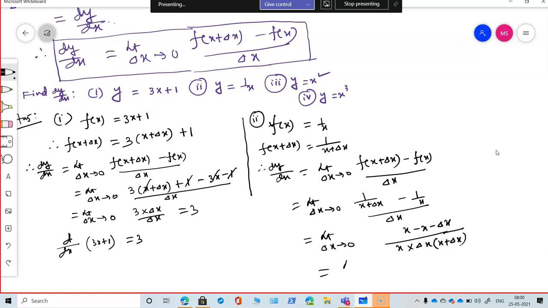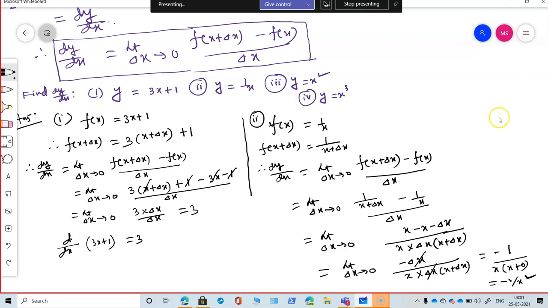So this thing is going to be limit minus delta x by, so the answer is, you cancel the factor delta x from here, minus 1 by x into x plus 0. So answer is minus 1 by x square.